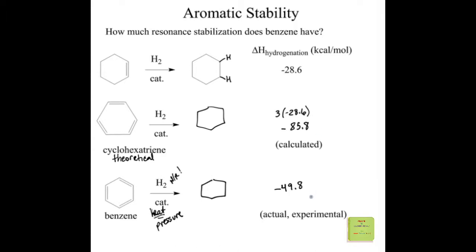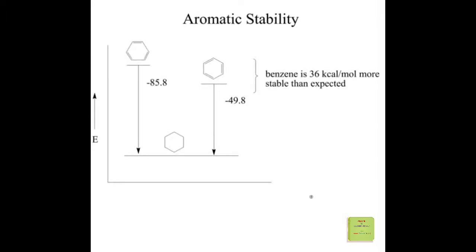Let's take a look at an energy diagram to try and make some sense of these numbers. What we're imagining is that cyclohexatriene, theoretically, would produce 85.8 kcals of energy when it gets hydrogenated down to cyclohexane. But benzene, the experimental data, only released 49.8. So we have a difference of 36 kcals per mole.